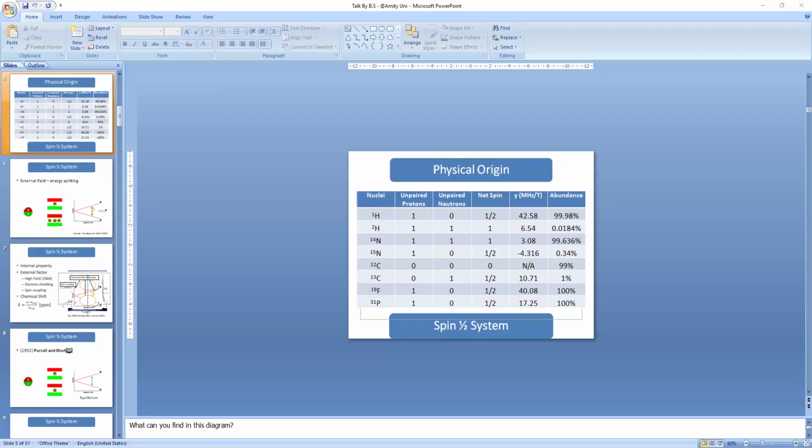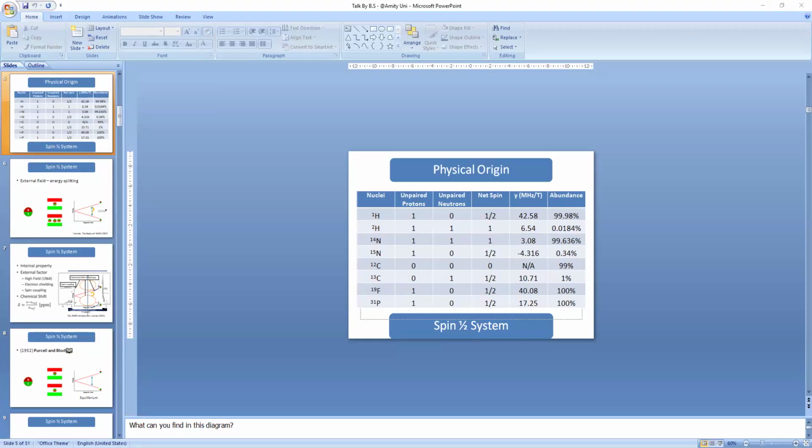And if you go to the next slide, then you can see that spin half is an internal property, and there are external factors which affect this shifting. And there's a term which we use in NMR, that is chemical shift.